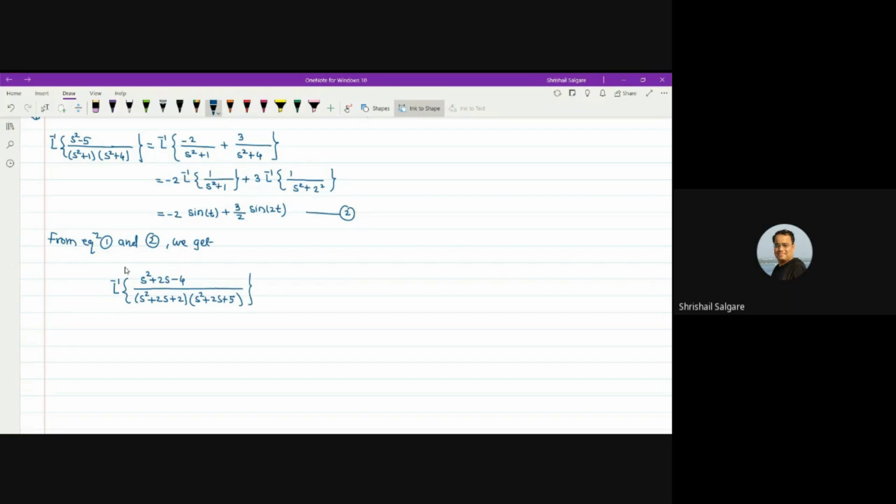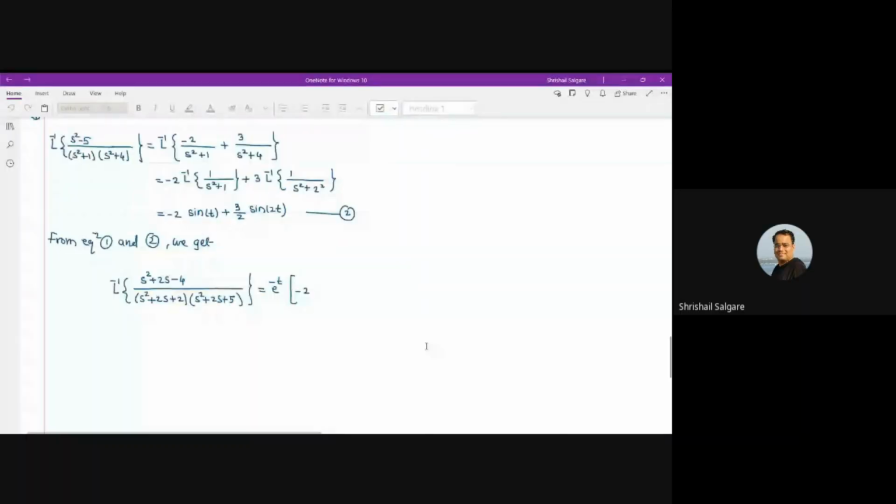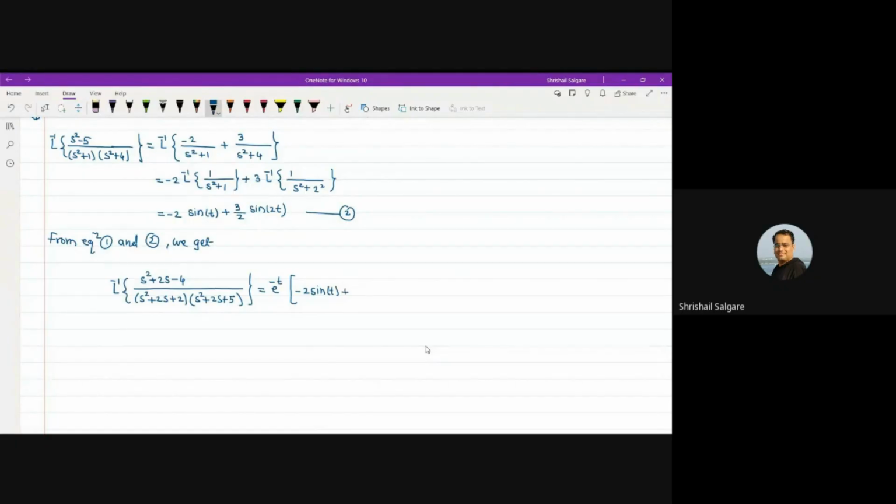It is given as, what is the outside multiplying term? E to the power minus t, into the inverse Laplace which you have calculated, that is minus 2 into sine t plus 3 by 2 into sine of 2t.